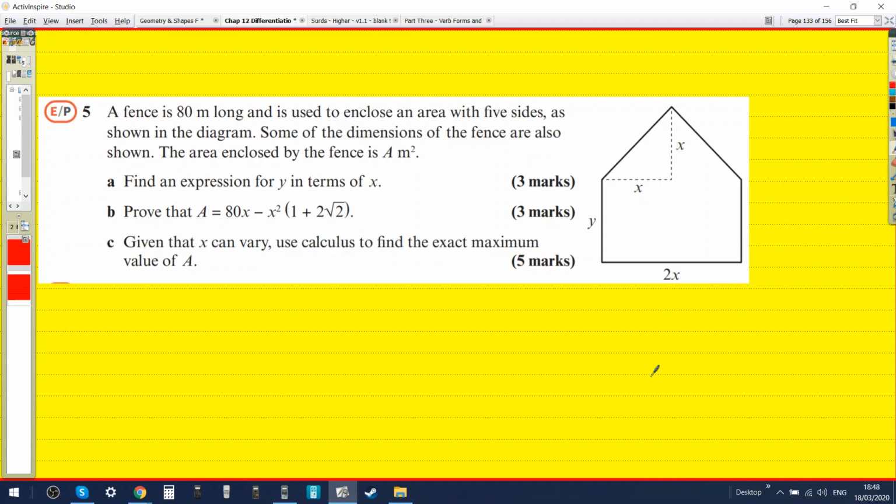So like the area would be 2xy plus x squared.